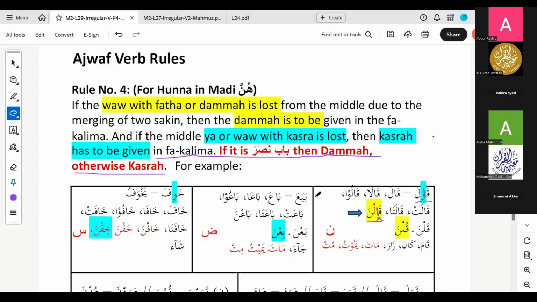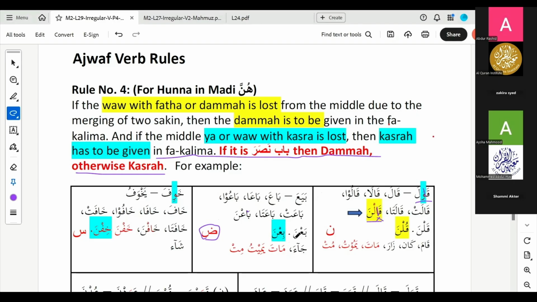So here we have one more example. Baya'a, if we conjugate, Ba'a, Ba'u, Ba'at, Ba'ata, Ba'ana. So here again we have two sakins, two sukuns. So the weak letter of the verb gets dropped. It becomes ba'na. Since it is from daraba family, kasra is added to the fa kalima.